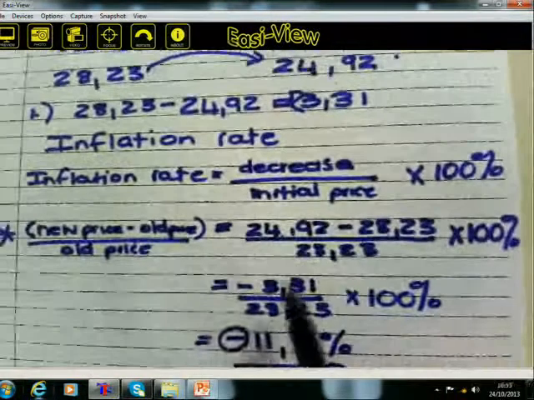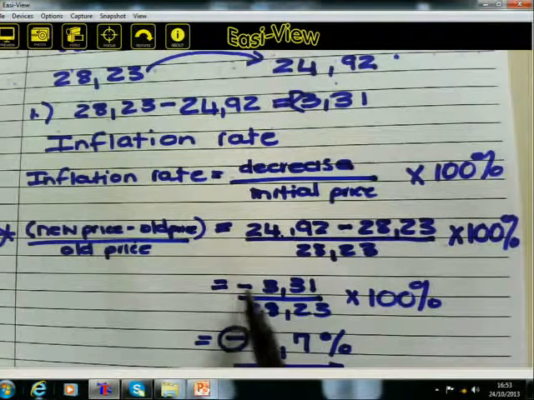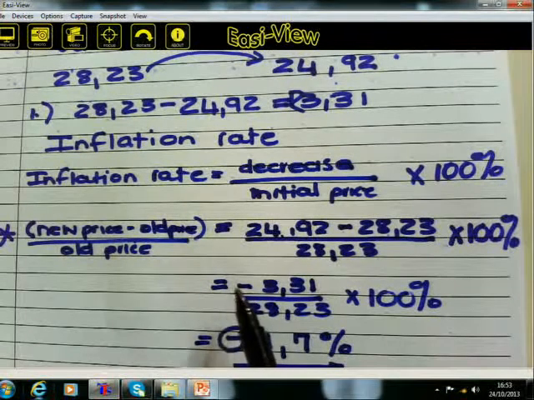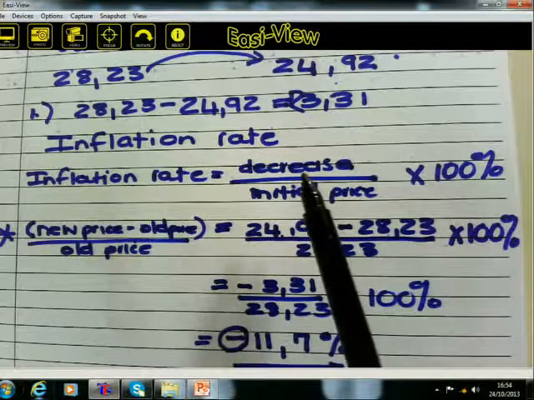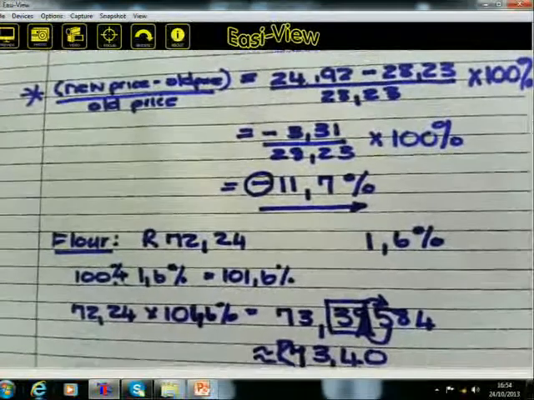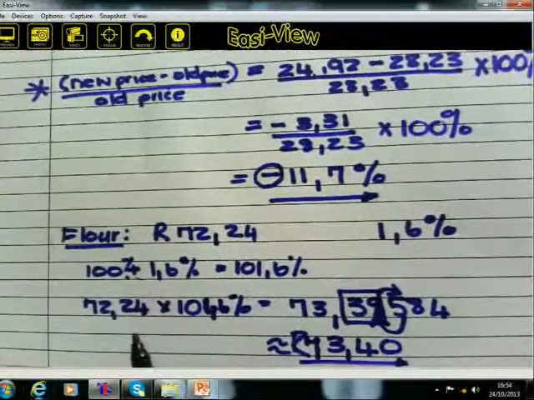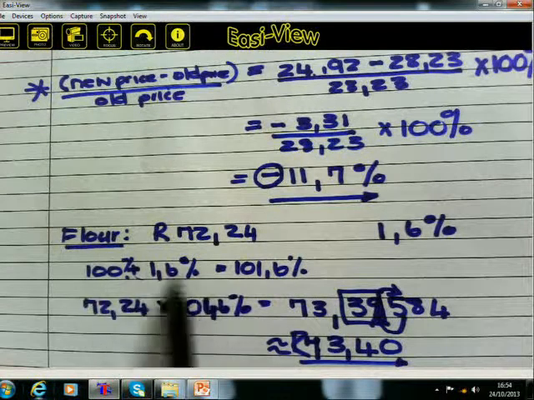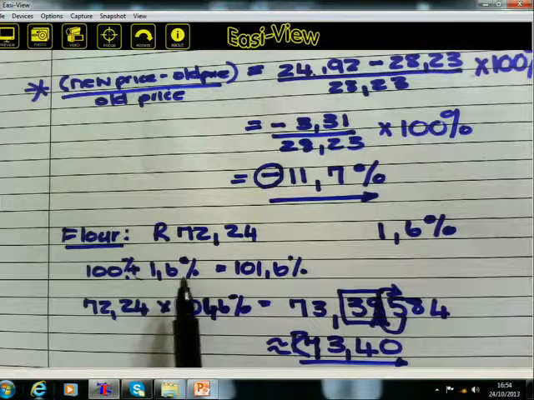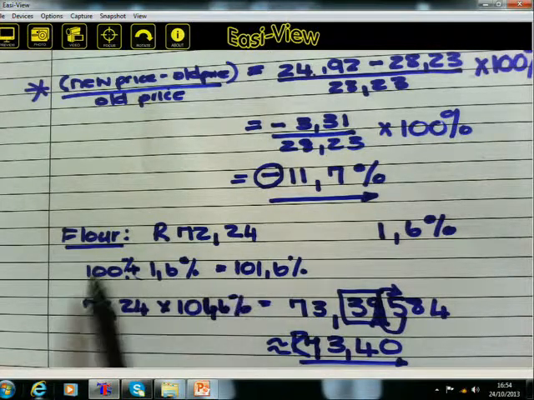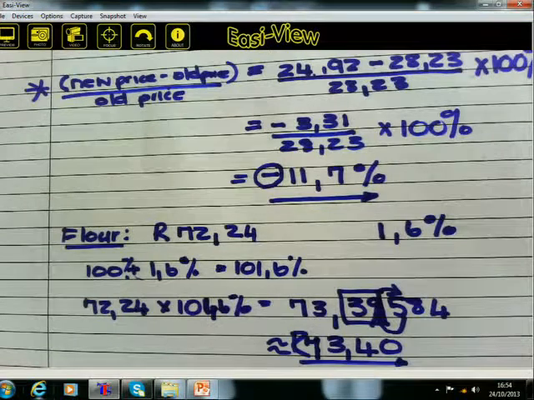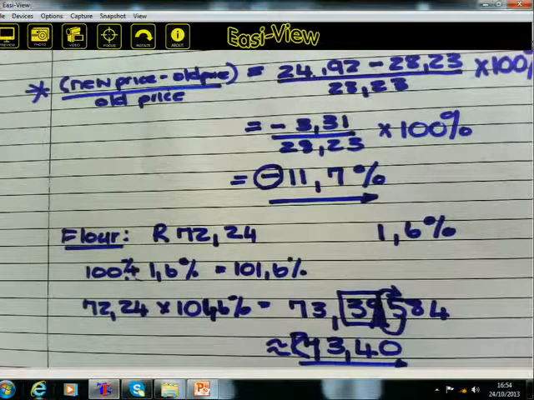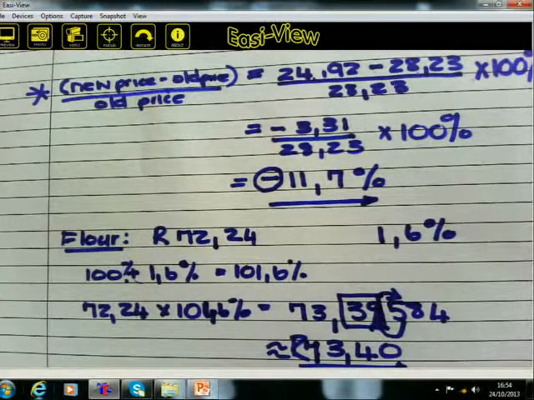Substitute, simplify, and don't get a fright when there's a negative, because the moment you see a negative, you know that it is a decrease. And then, similar to the house, if inflation is added, I can either calculate the 1.6% first and then add it, or add it to the percentage, and I found my value. Remember to round your answers to 2 decimals.